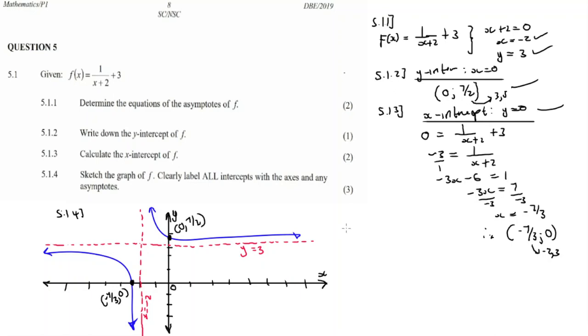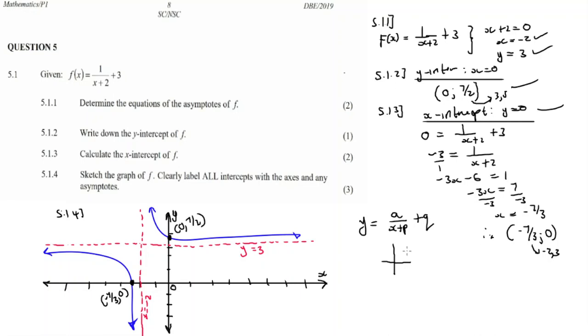Remember this: y equals a over x plus p, plus q is the general formula for a hyperbolic function, and p and q give us the asymptotes. What does a tell us? It tells us the shape of our graph.